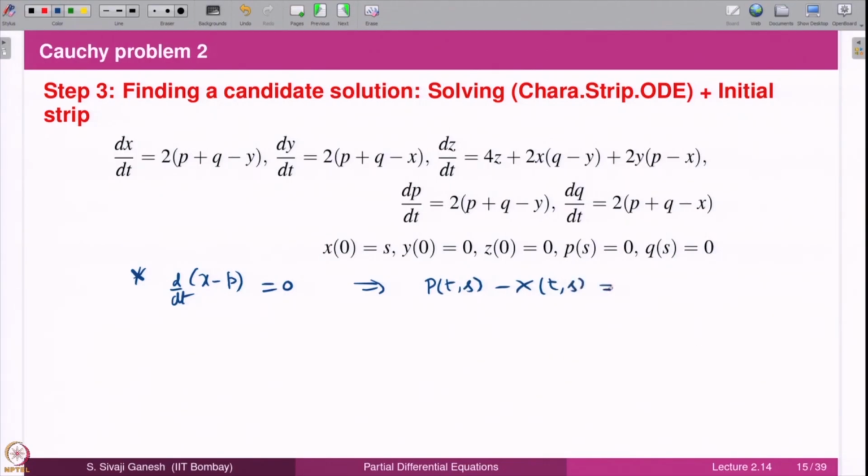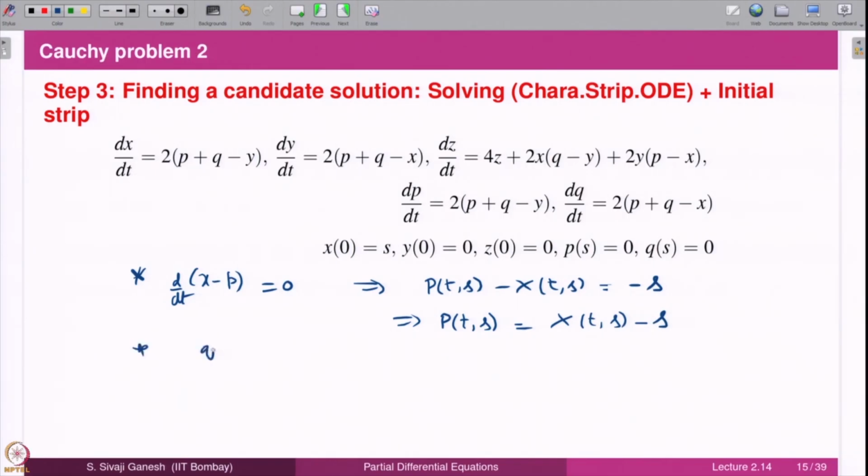And what that constant should be? At t equal to 0, what is it? At t equal to 0, p is 0 and x is s. So, this is minus s. So, therefore, that gives us p(t,s) equal to x(t,s) minus s. Similarly, we need to find about q.